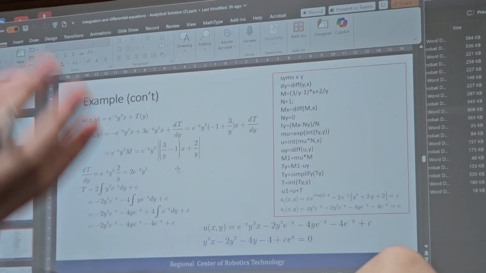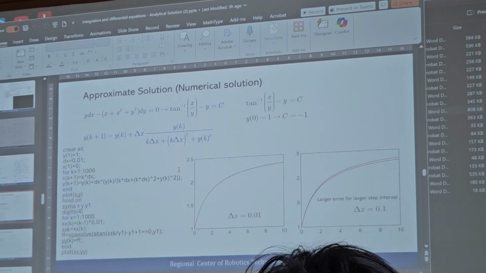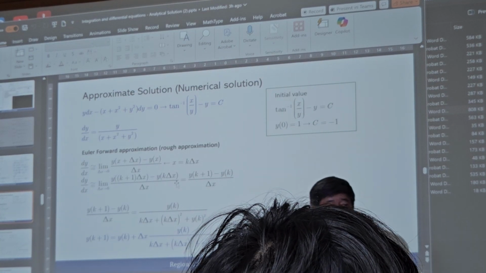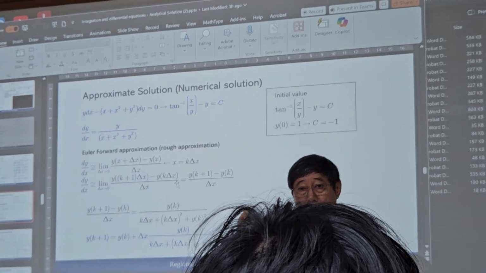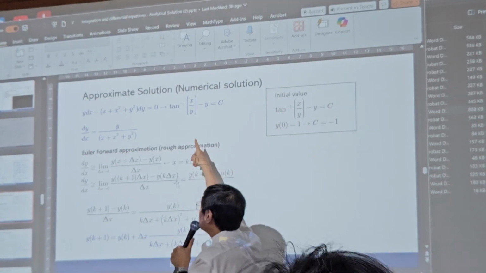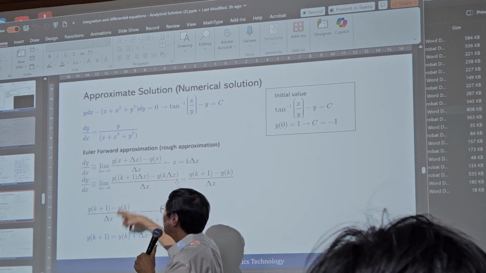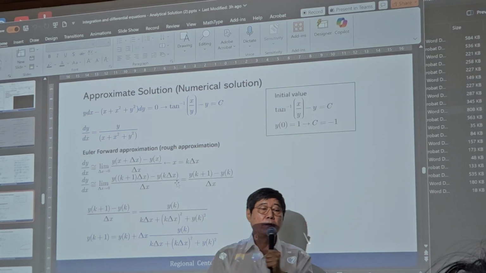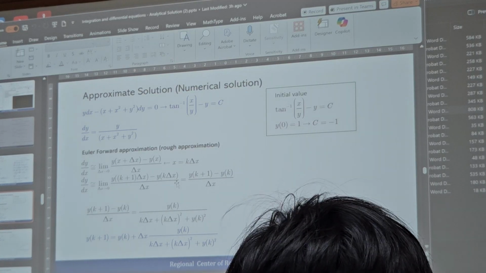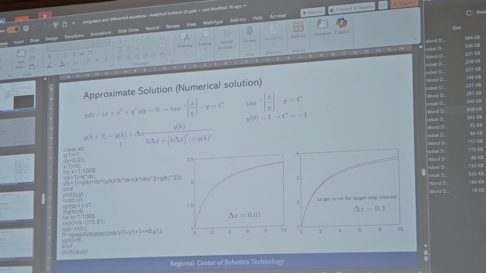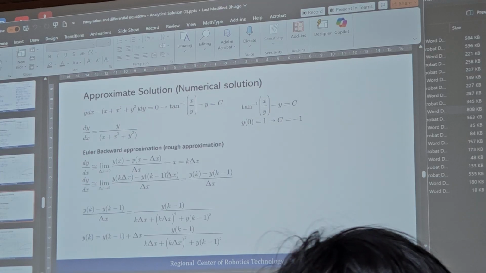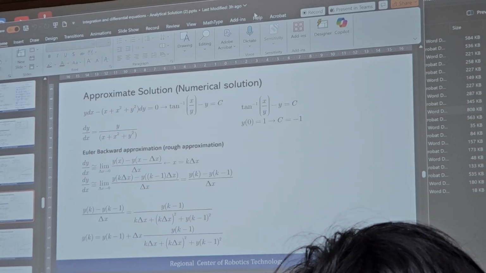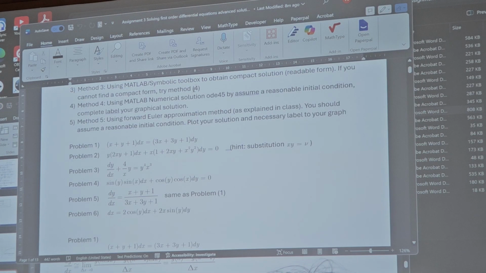Approximate solution by using this one. Forward, this one. Backward, the other one is forward. I show you something. If you want to solve this one, you have this one. Try this one as well. Sometimes they give you some idea. You see some of this problem.